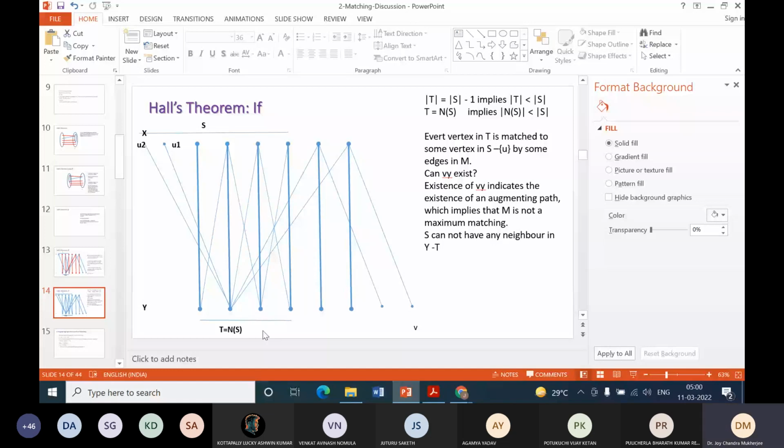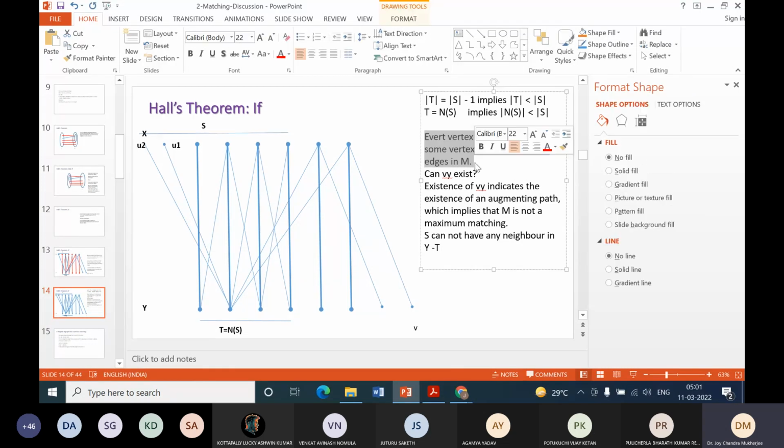इसका मतलब क्या है? इसका मतलब ये है कि every vertex in T is matched to some vertex in S minus U by some edges in M. So this logic actually says that mod T equals mod S minus 1.